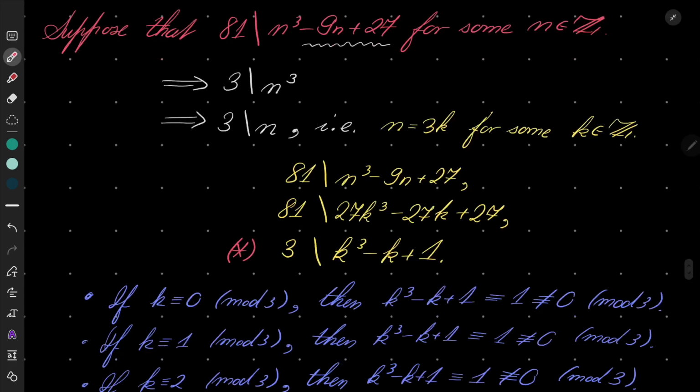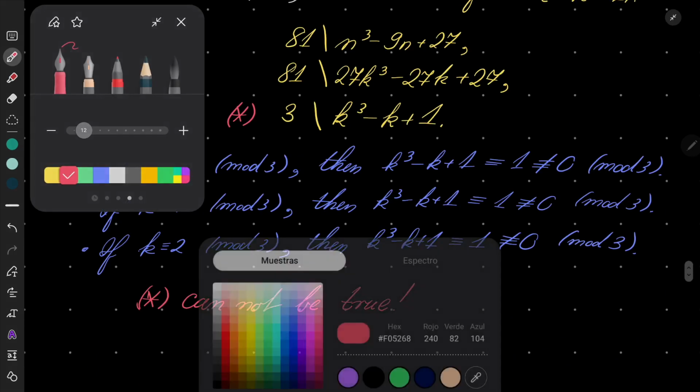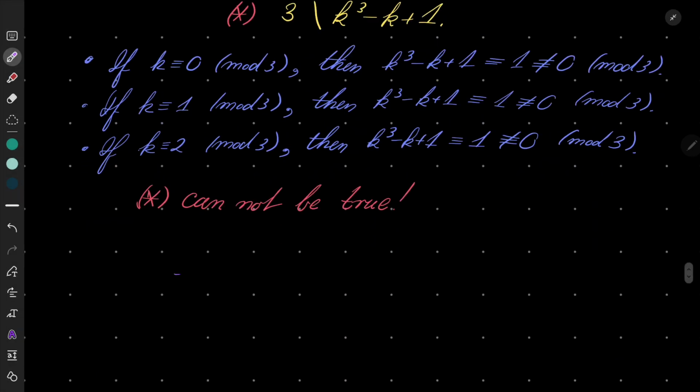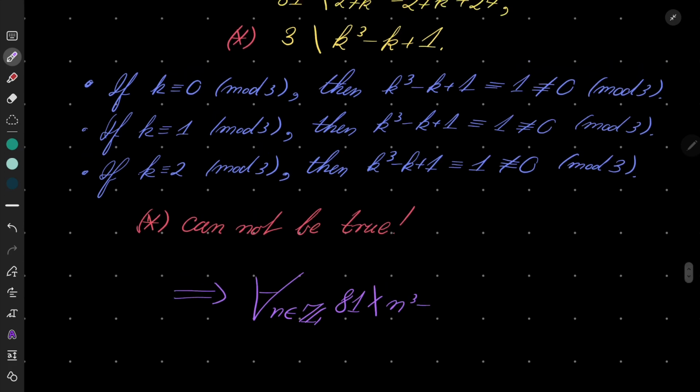So, in other words, for every integer n, 81 does not divide n cubed minus 9 times n plus 27. And that closes our proof.